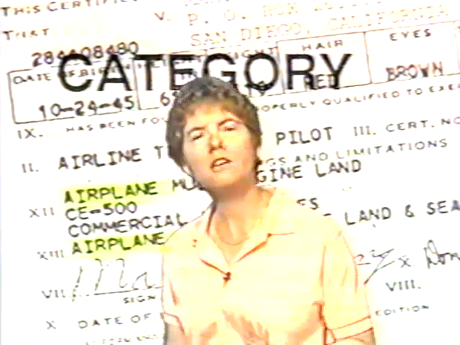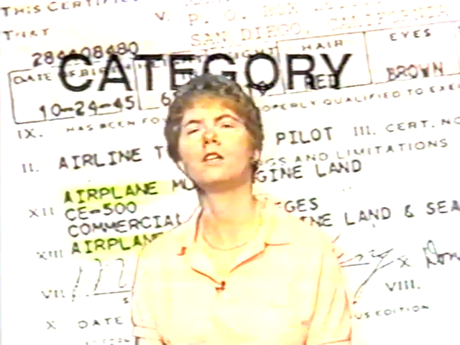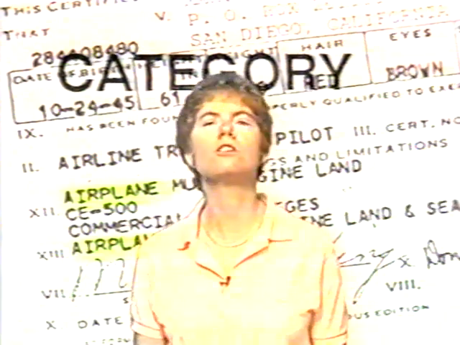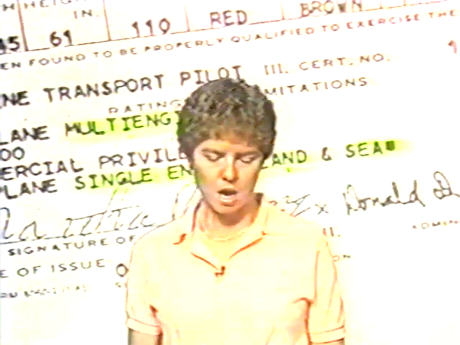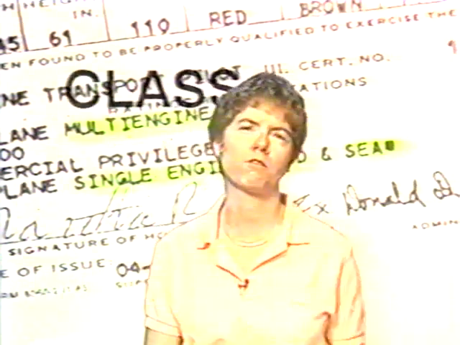Now, that has divided aircraft into 4 categories, but that's not enough division, really. So categories are further divided into classes. Classes are a subdivision under category. For instance, under the category of rotorcraft, we've got the class of helicopters and the class of gyroplanes.